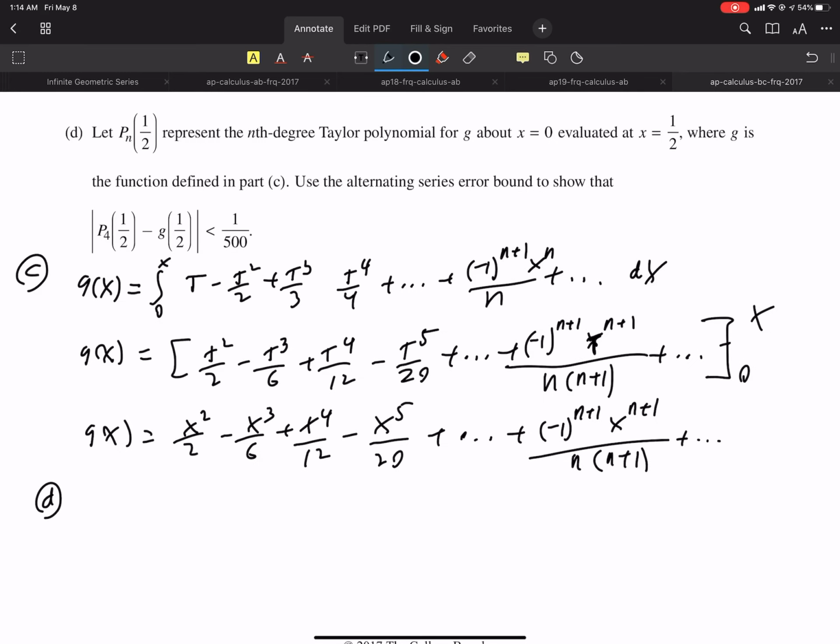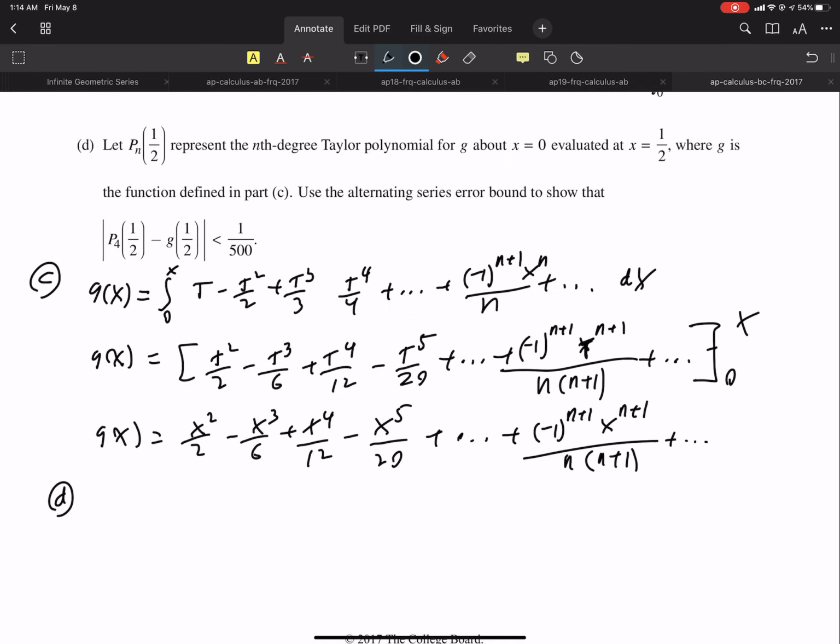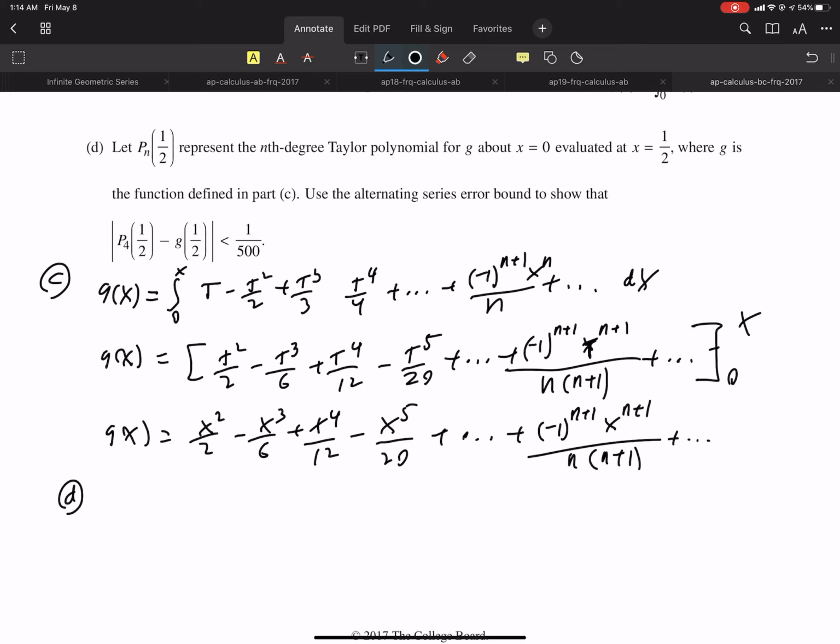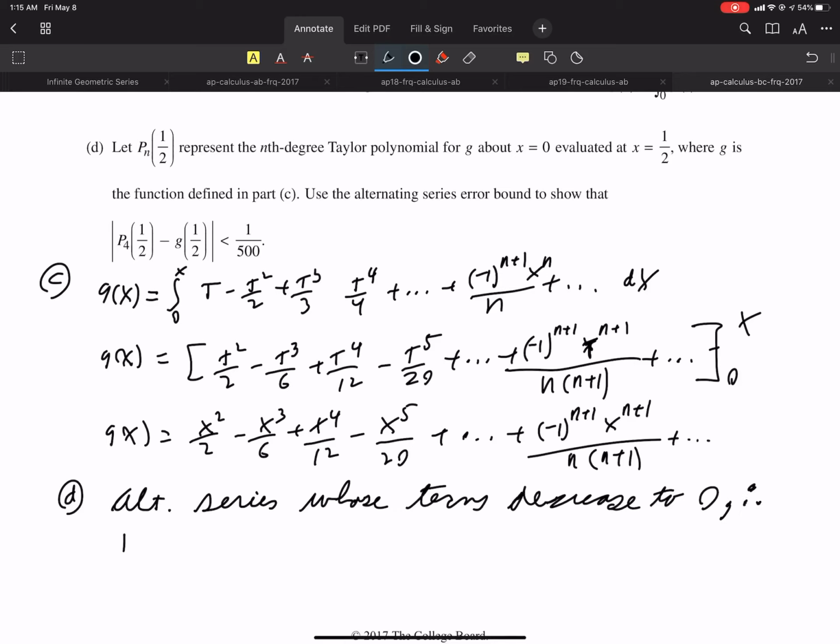So the series, we have an alternating series whose terms decrease to 0. Therefore, the error is less than the next term.